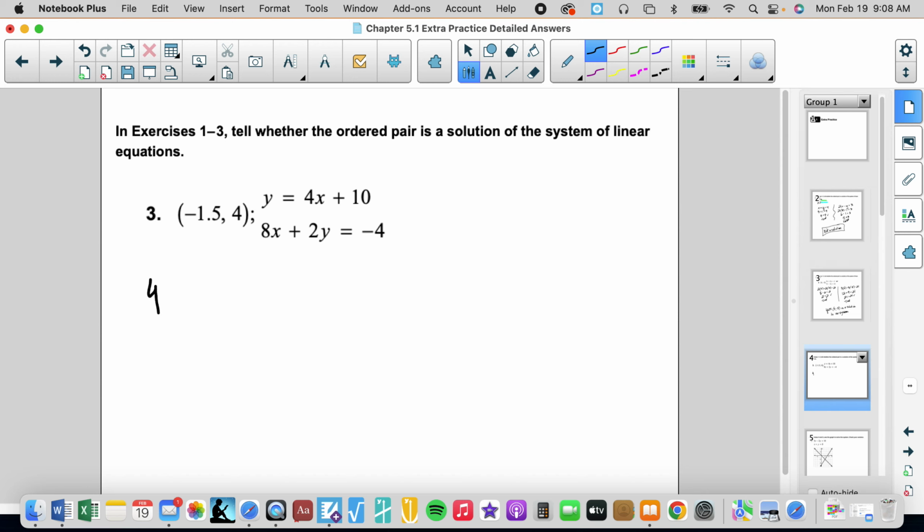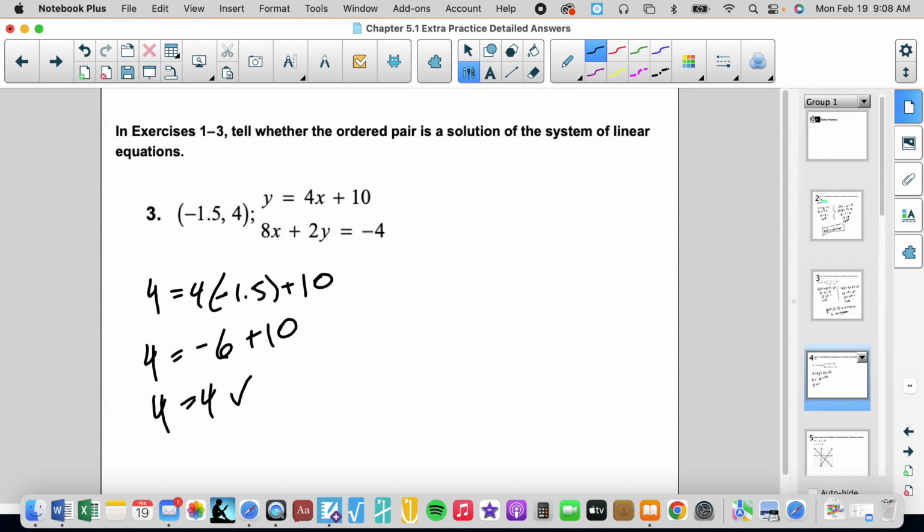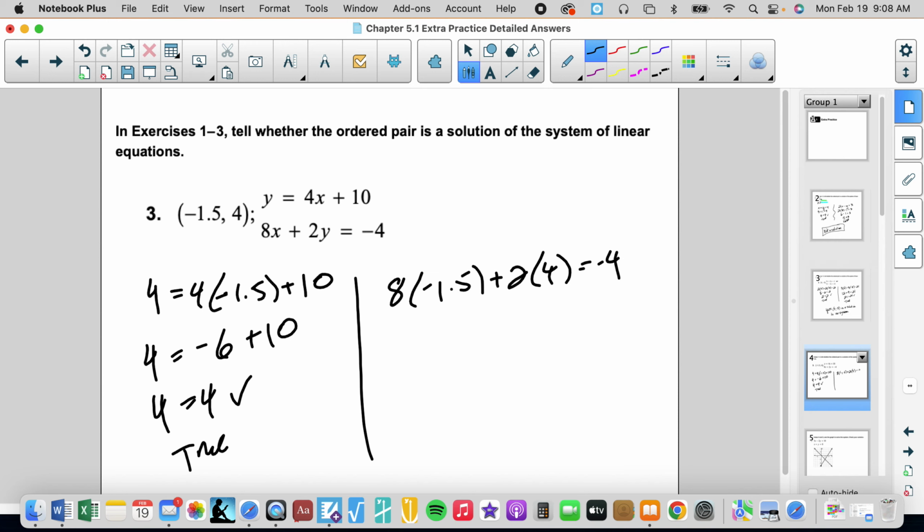So, very straightforward, just plugging and simplifying, knowing our order of operations. That's going to be -6. So we get 4 equals 4. That's a solution. 8 times -1.5 plus 2 times 4 equals -4.